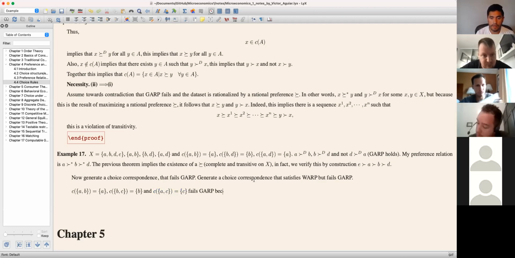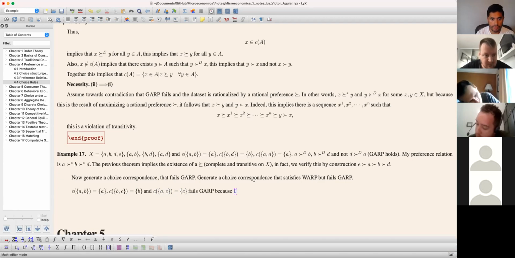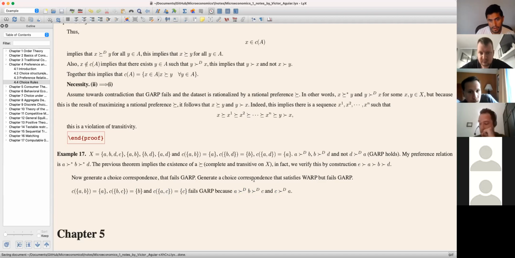Because you have the following: a violation among the items. So this is just the chain. There is an indirect revelation, and this is a violation of that.